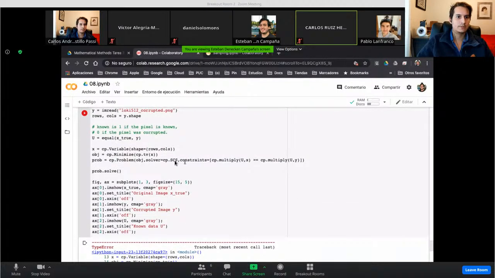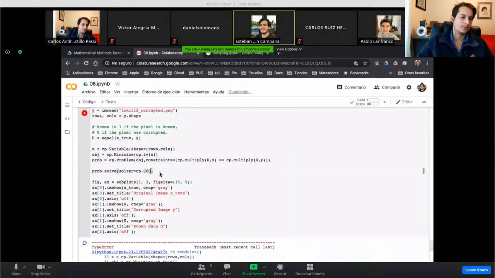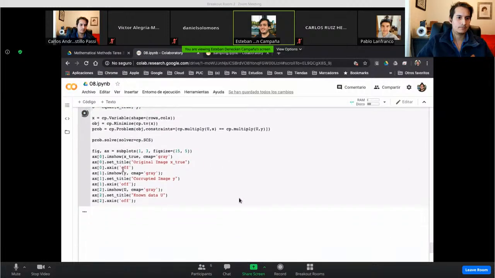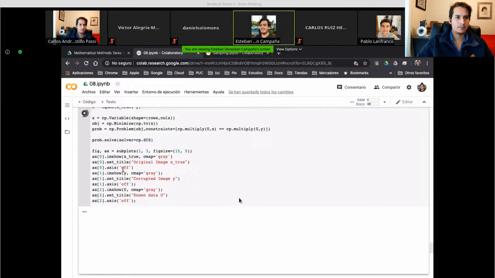The solver, it makes more sense that it goes in the solve function. And it's thinking, so it's doing something. That's good.